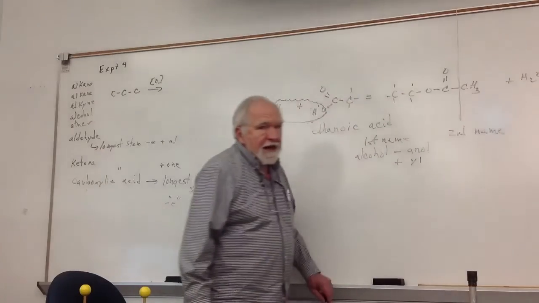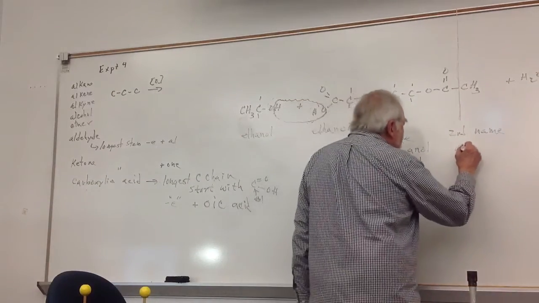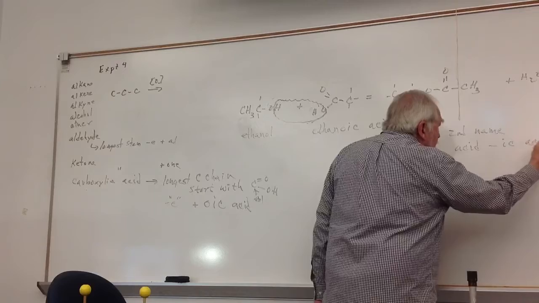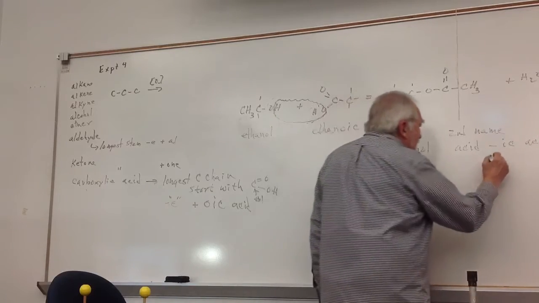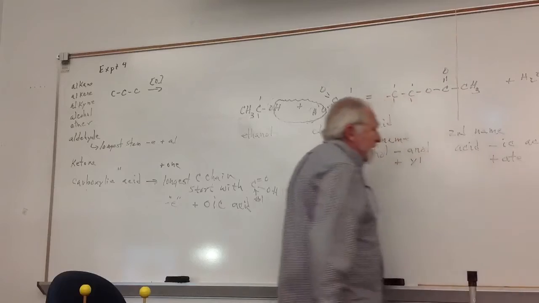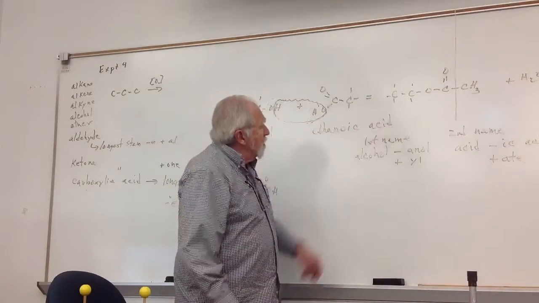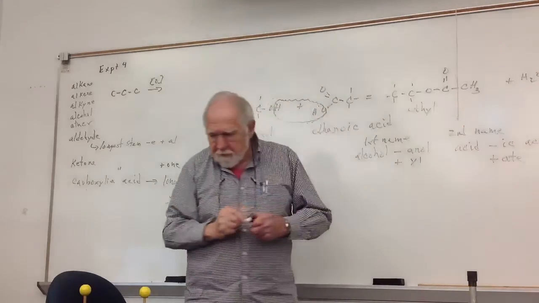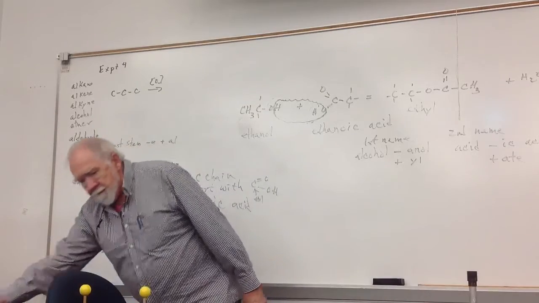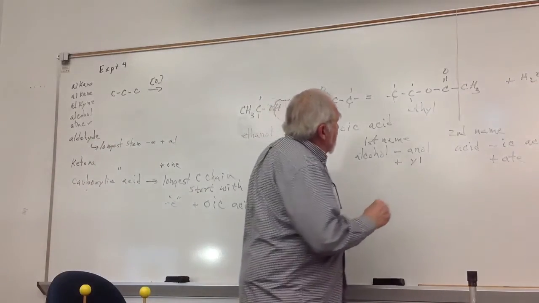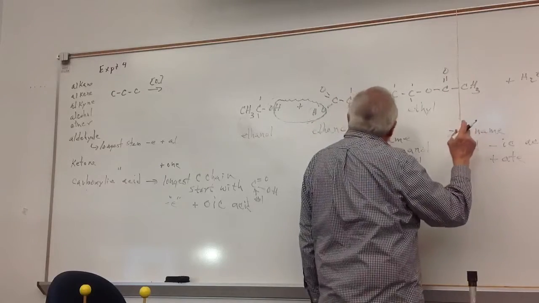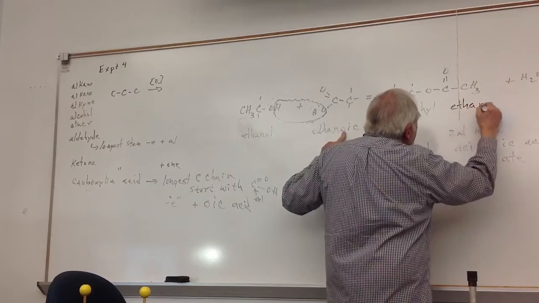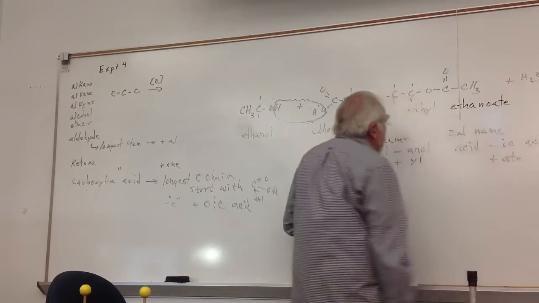You take the acid name, take away the IC acid, and add ATE. So this came from ethanol. So this is ethyl. This came from ethanoic acid. I had it written here somewhere. So you drop the IC. Ethyl ethanoate.